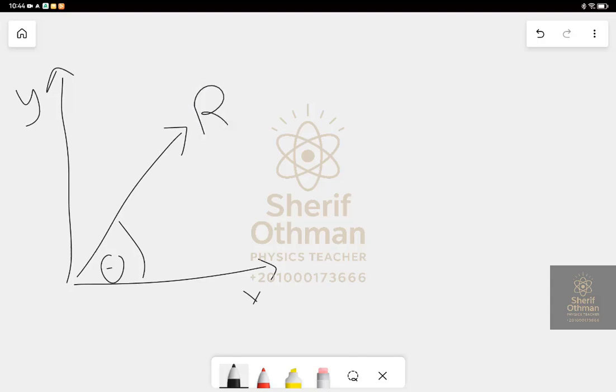Let's say that the name of the main vector is R. The main physical term is R. So if we need the components, we need R in the X direction and R in the Y direction.